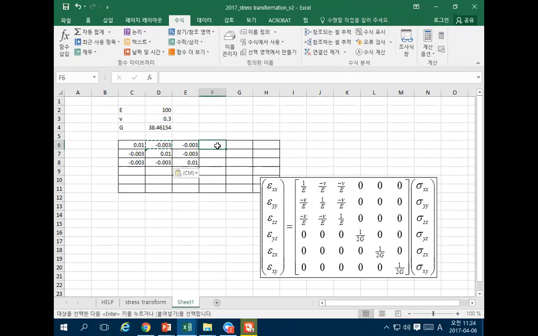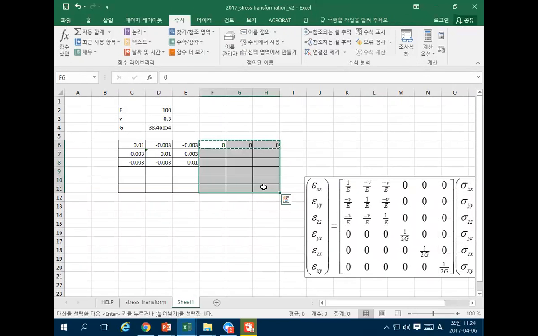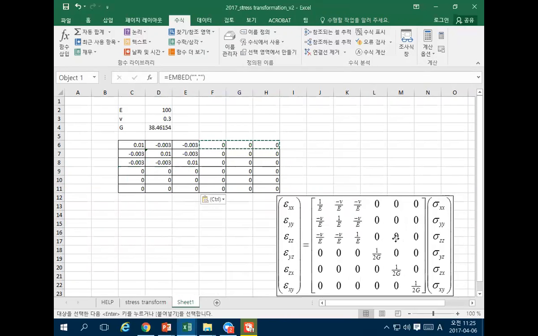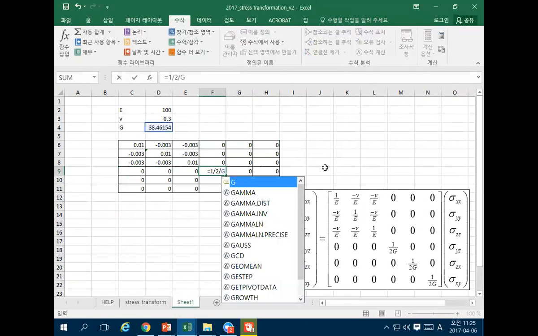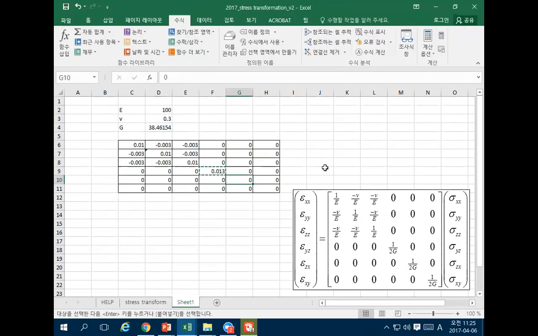그 다음에 여기는 전부 다 뭐예요? 0. 자, 그 다음에 요 다이고널 텀이 하나, 요 놈이 뭐예요? 1 over 2G. 맞아요? 맞잖아? 이렇게 해줘야 돼? 같은 거죠? 예?